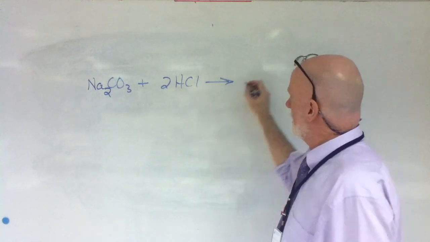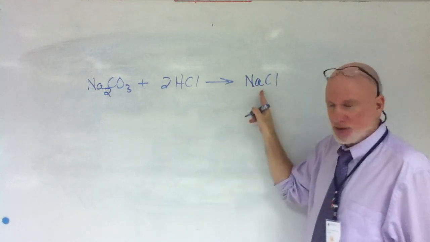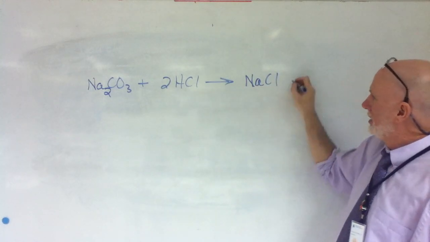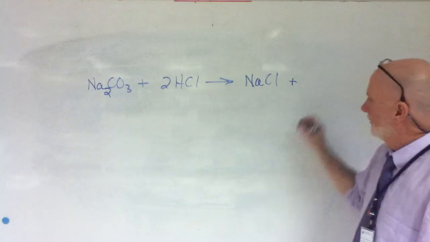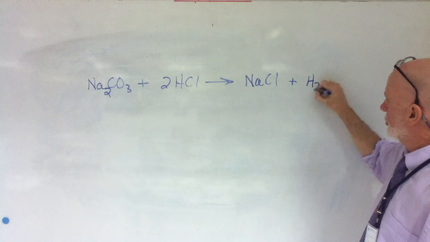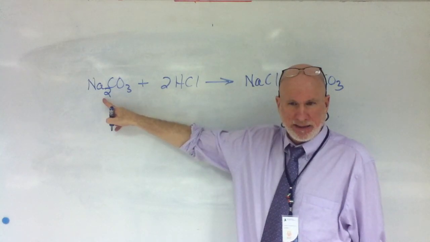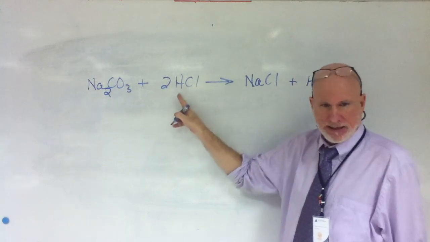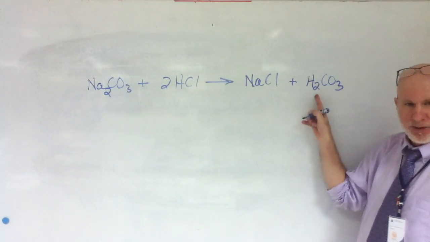It yields sodium chloride, the salt of a strong acid, plus the weak acid, H2CO3. So you have the salt of a weak acid plus a strong acid equals the salt of the strong acid plus the weak acid.